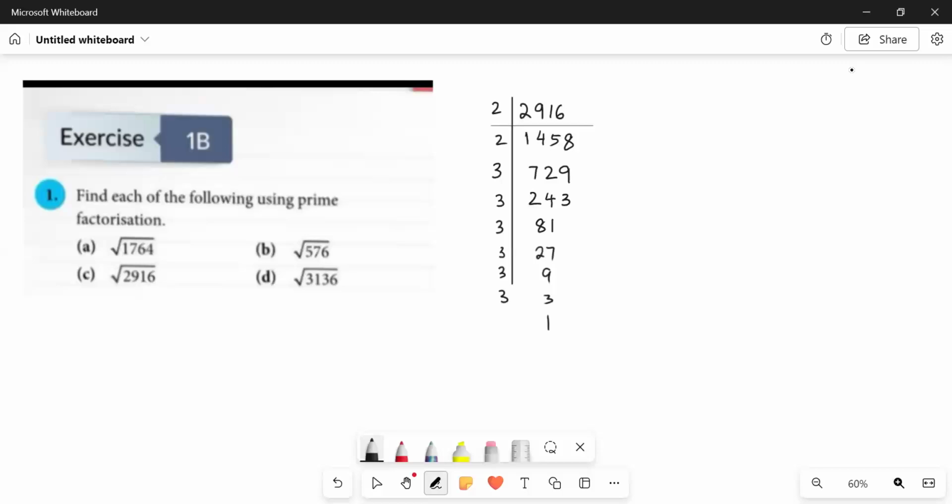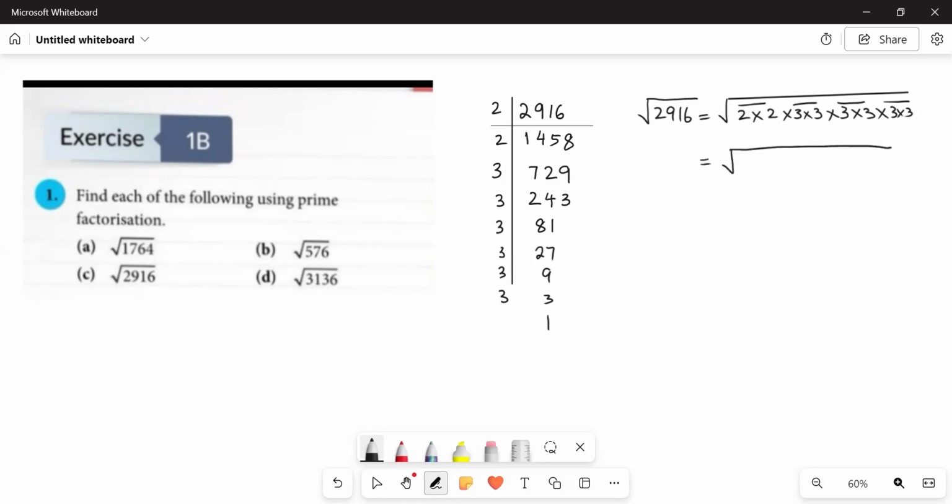So there are so many threes in this number as a factor. 2916 is the product of 2 into 2 into 3 into 3 into 3 into 3 into 3 into 3. So there is a total of 6 threes. That is 3 pairs.